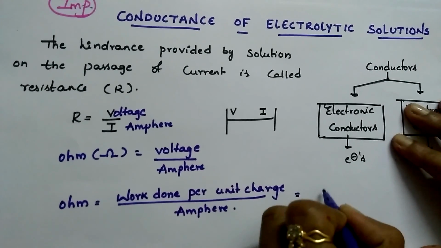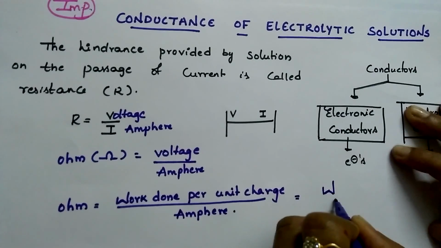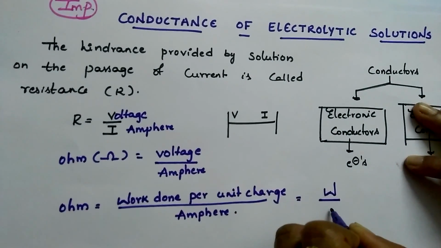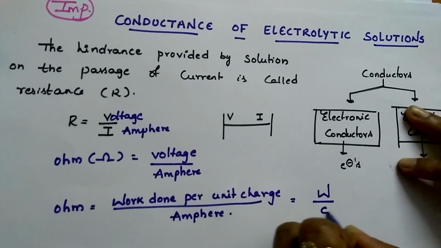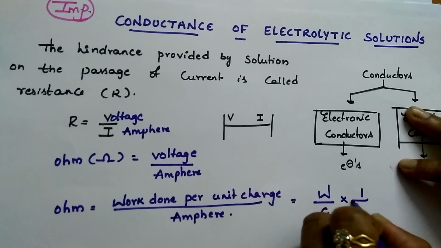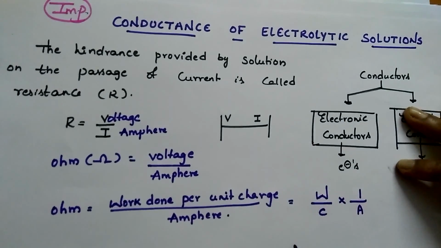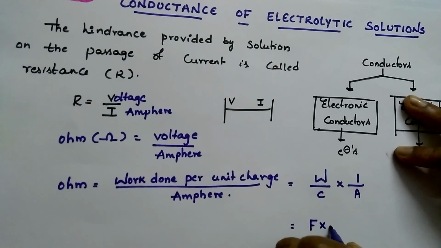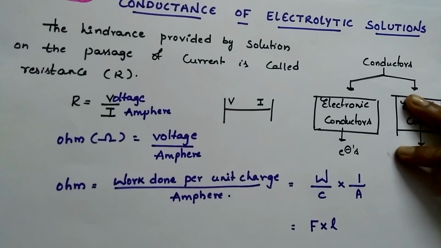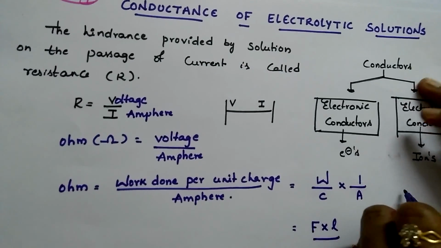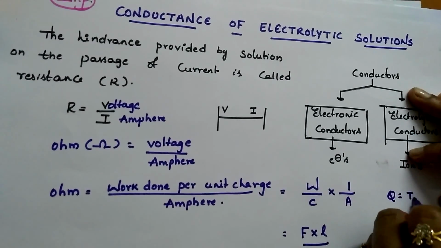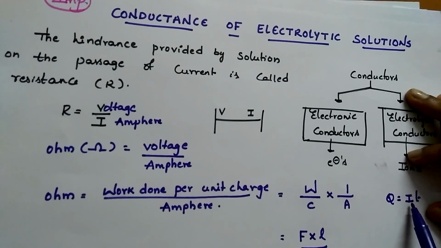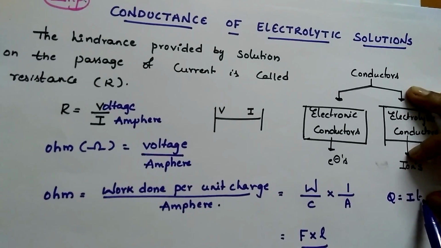Work done per unit charge I am writing as W by charge, into 1 by ampere. Work is force into displacement, so I am writing F into L by charge, where charge Q is equal to I t. I is the current passing in time t seconds.